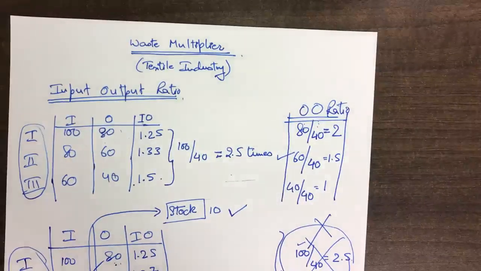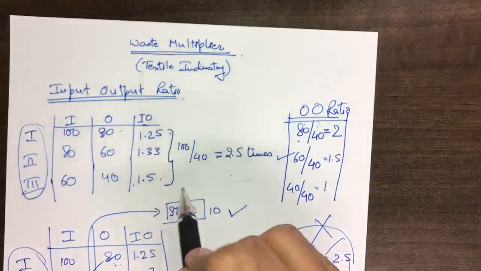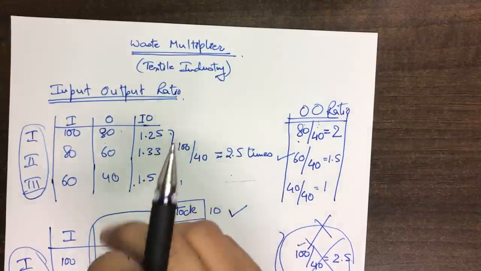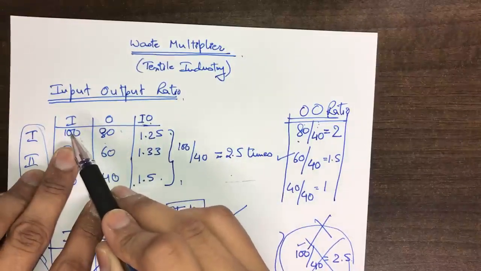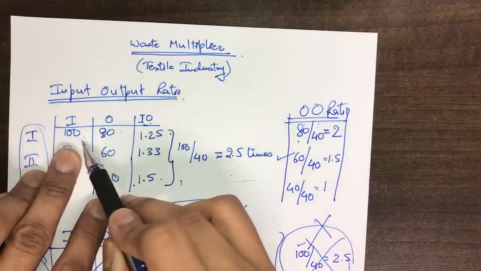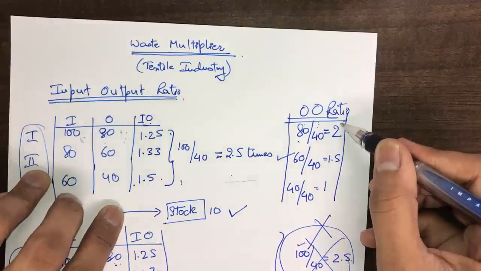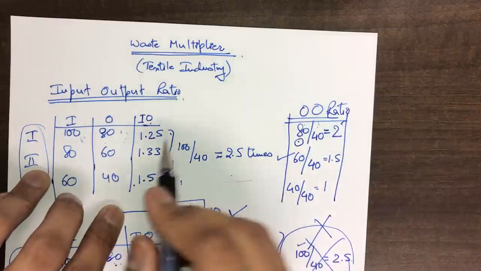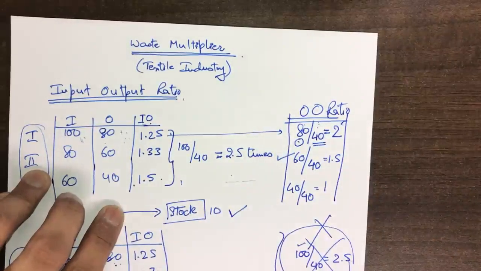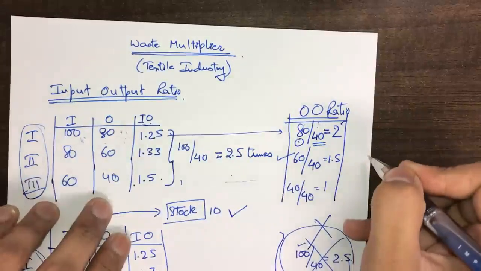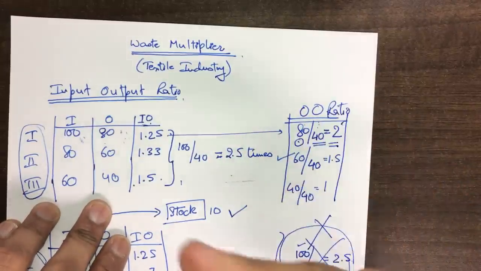So the meaning of output ratio is, how much output do we require from process 1 to get 1 unit of the ultimate output? Just like we use input output ratio to say how many inputs of a product are required to be inserted in a particular process to get the desired output, similarly for output ratio, we measure how many outputs do we need to process in process 1 to get 1 unit of output in the last process. So in this case, we need 2 units from process 1 to get 1 unit of the last output.